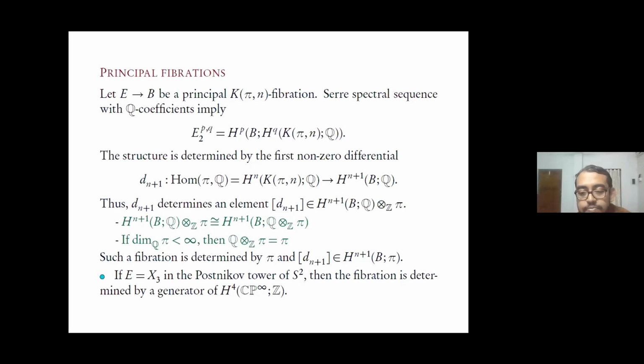Somnath: Yeah, a small comment. There are two isomorphisms you displayed. You don't need the finiteness of pi for the isomorphism that Q tensor pi is pi. That's always true because pi is a rational space. You need the finiteness for the first isomorphism, to move the pi inside.